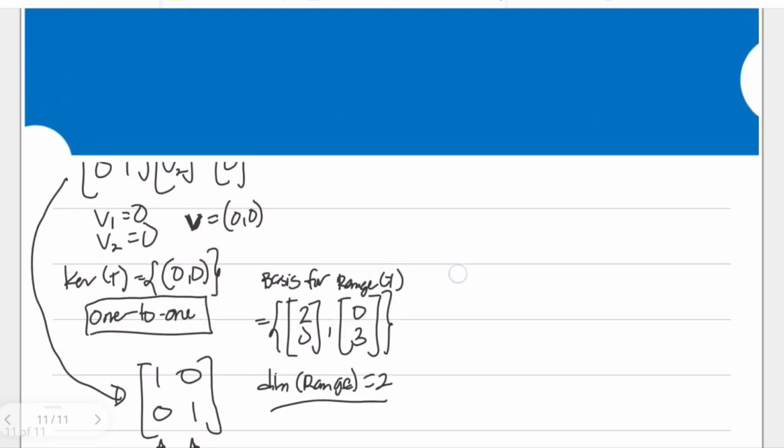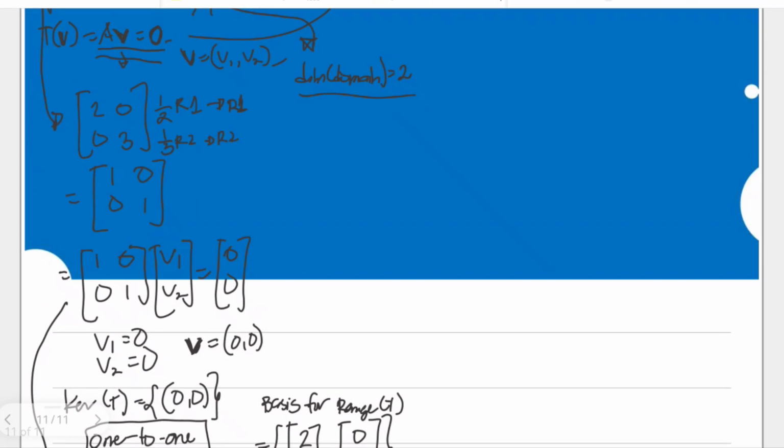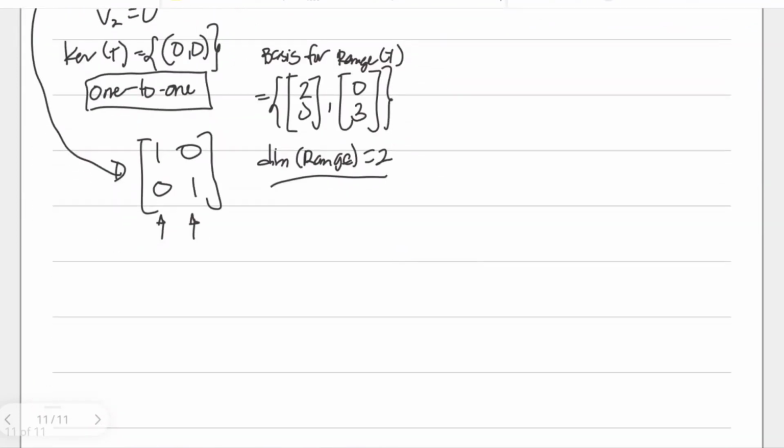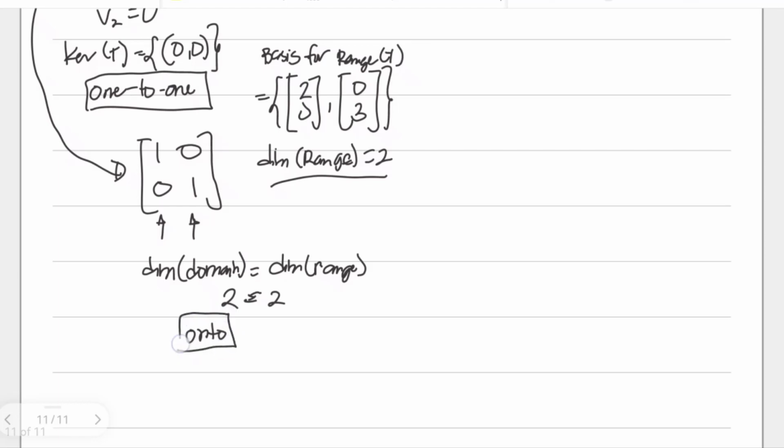With this, and the already established dimension of domain being equal to 2, we have here the dimension of your domain is equal to the dimension of the basis of your range, which is 2 equal to 2. With this, we have now established that our linear transformation of the same matrix is an onto linear transformation.